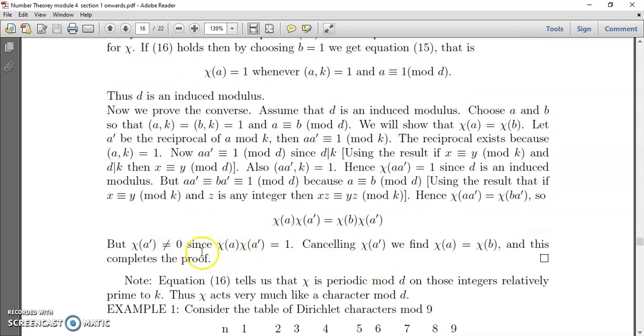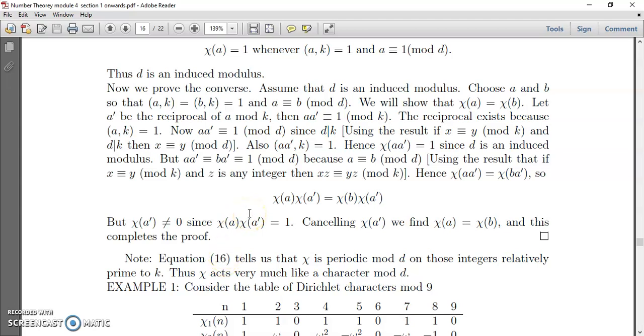Now, since chi of a prime is not equal to 0, and chi of a times chi of a prime is 1, we can cancel chi of a prime from both sides, and we will get chi of a is equal to chi of b, which we have to prove. So we have proved that chi of a is equal to chi of b. Thus, we have proved the result.